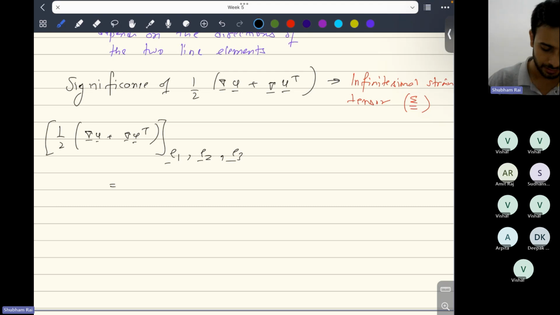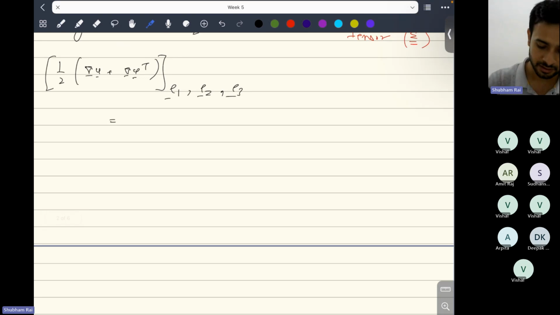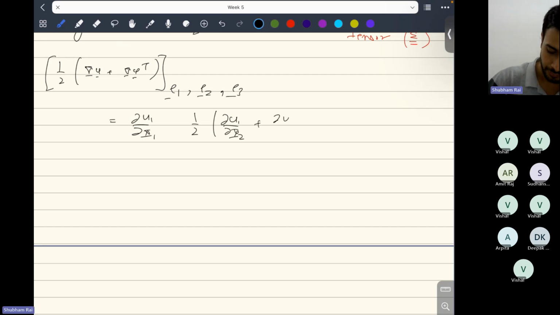If you add these two matrices, you will get del u1 by del x1, and here you will get half of del u1 by del x2 plus del u2 by del x1. The third element will be half of del u1 by del x3 plus del u3 by del x1.